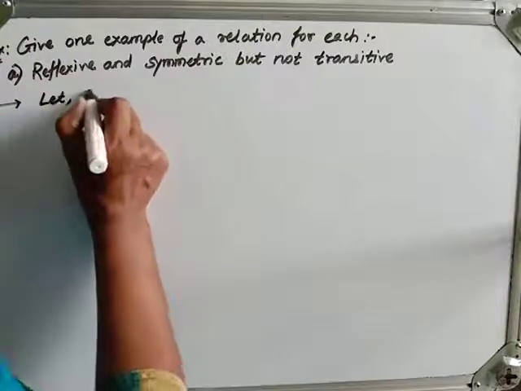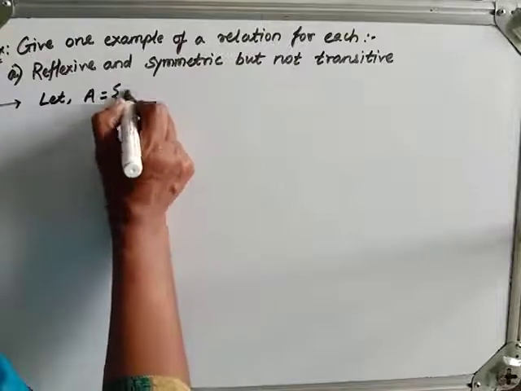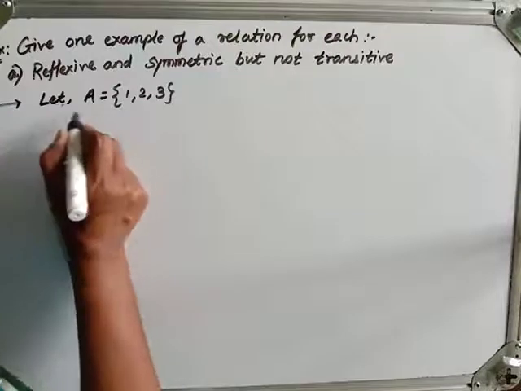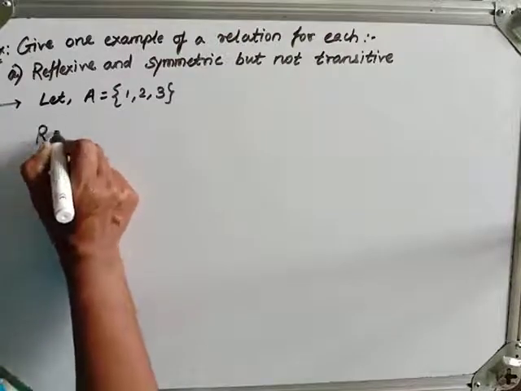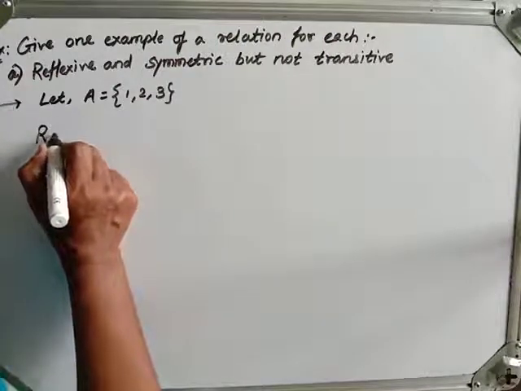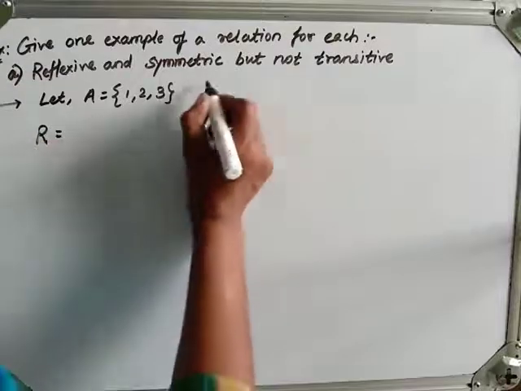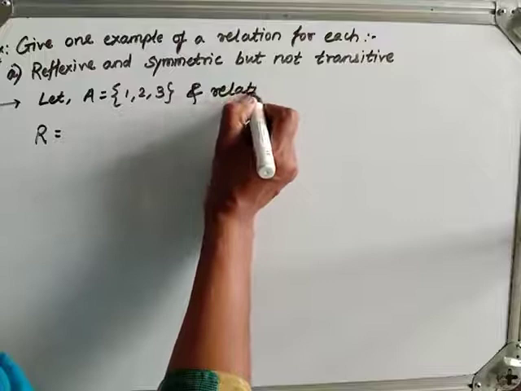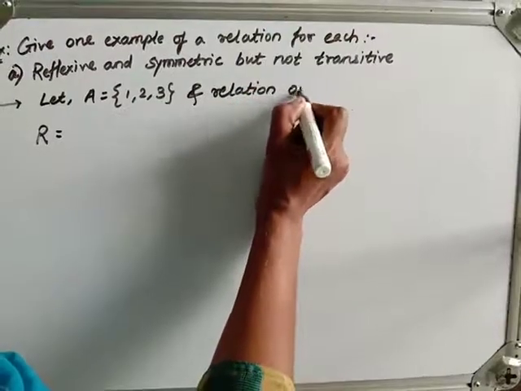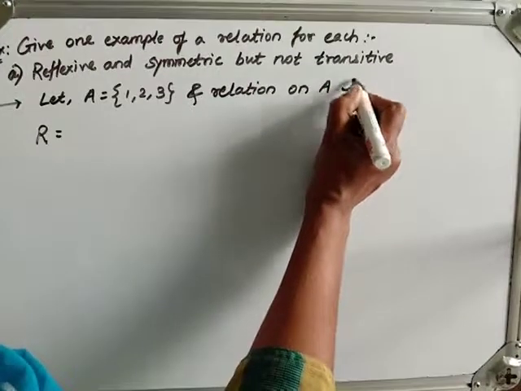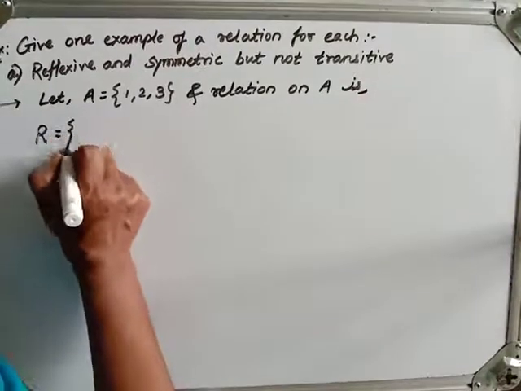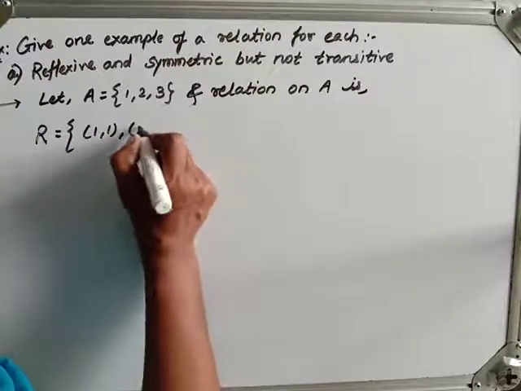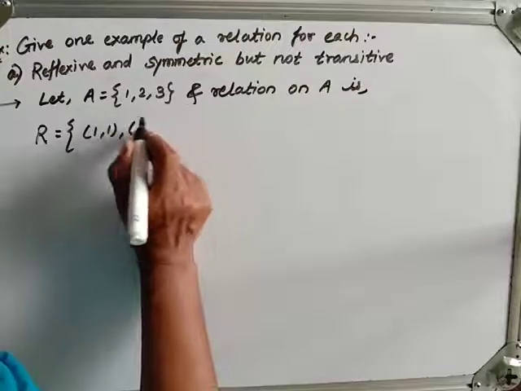Let me assume a non-empty set A having the elements 1, 2 and 3. Now let us define a relation R on this set A, having the ordered pairs (1, 1), (2, 2).